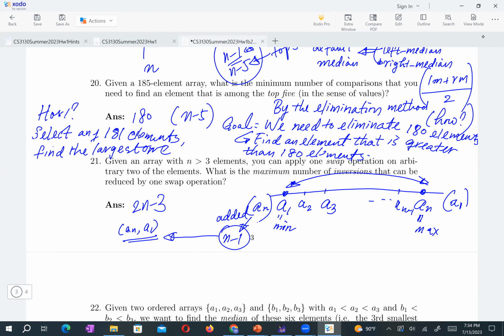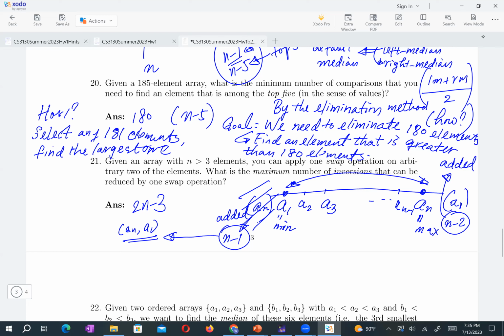So the next time you count the number of inversions with A1 involved, you should not look at AN anymore. Only look at A1 with the other remaining elements. There are N minus 2 other remaining elements, so this N minus 2 is the added inversion.